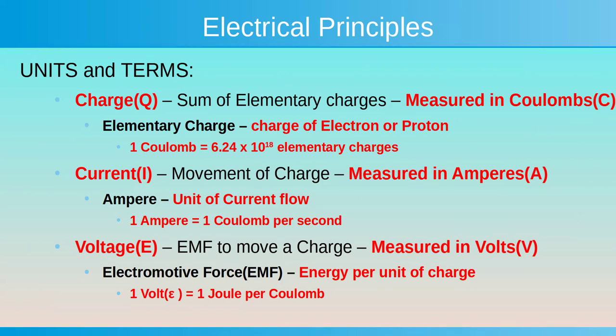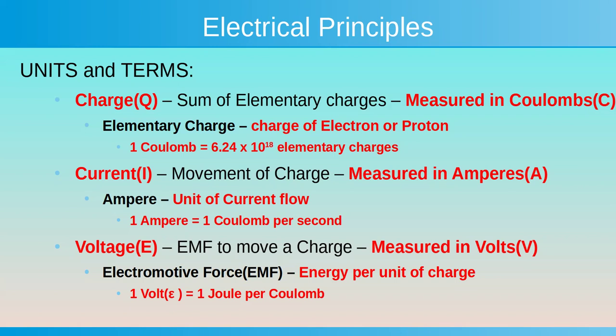Okay, we define current as the movement of charge, and we measure that in amperes. Again, another French scientist, I think it was Charles Ampere. We use A to represent amperes or amps. And one of the exam questions will be, what is a unit of current flow?